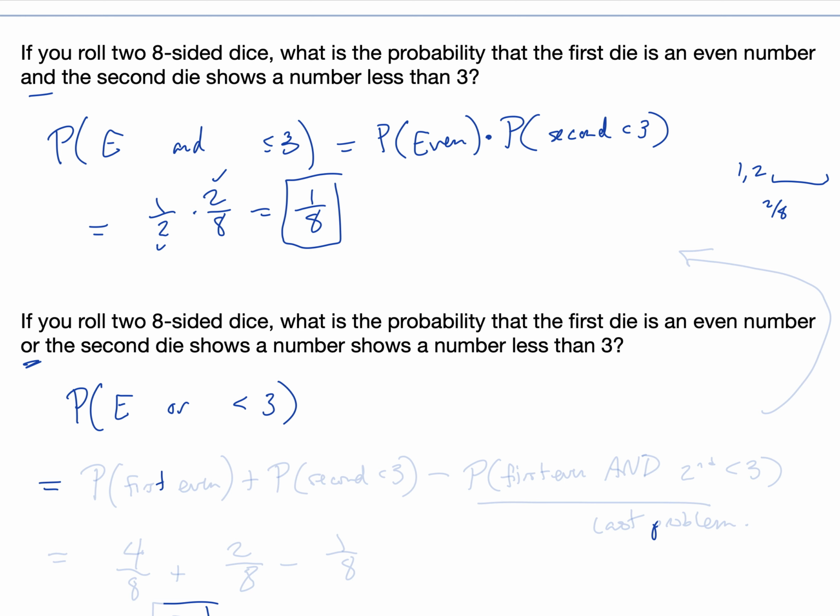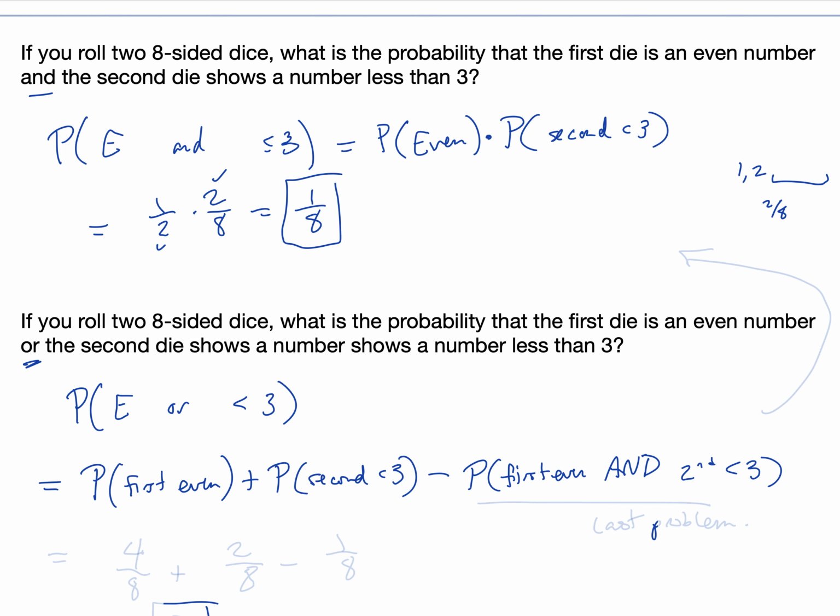And so this is, by the addition rule, equal to the probability that the first is even plus the probability that the second is less than 3 minus the probability that the first is even and the second is less than 3, because otherwise we're counting that possibility twice.